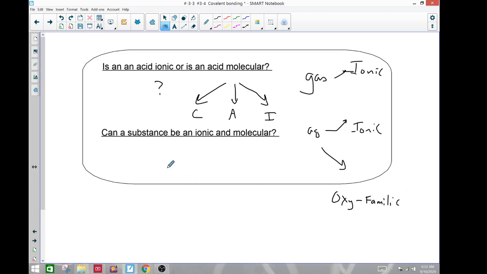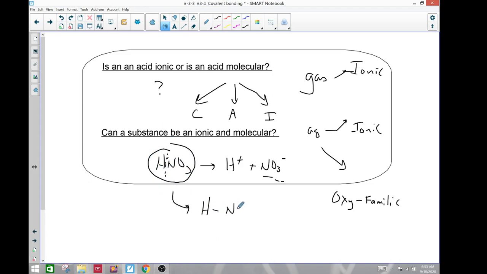So, for example, HNO3 is going to ionize to form H plus ions and NO3 minus. So I'd probably lean more towards ionic than molecular, but that's definitely a molecule here. Can substances be both ionic and molecular? Well, if we drew this out, you can draw a Lewis structure of this, which would show H, nitrogen, oxygen, oxygen, and oxygen.